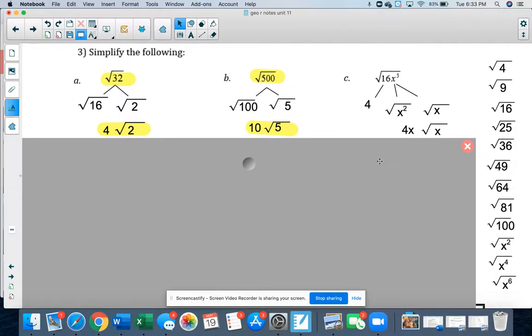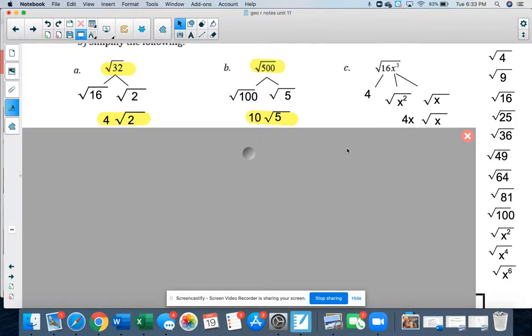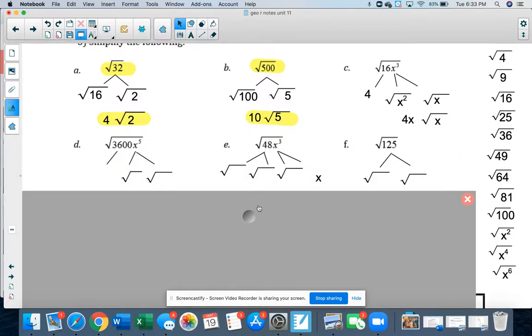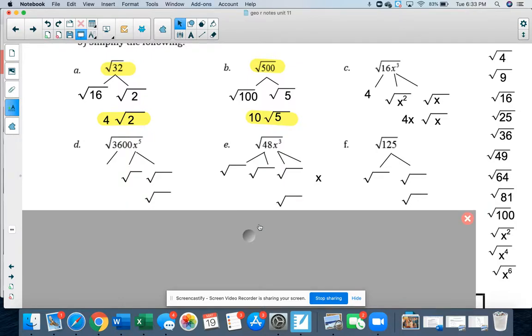Okay, so why don't you take a few minutes, pause the video, try to see if you can do any on your own, and I'll go through them with you then. Okay, so on D, we do need to recognize that this 3600 is a perfect square. The square root of 3600 is equal to 60.